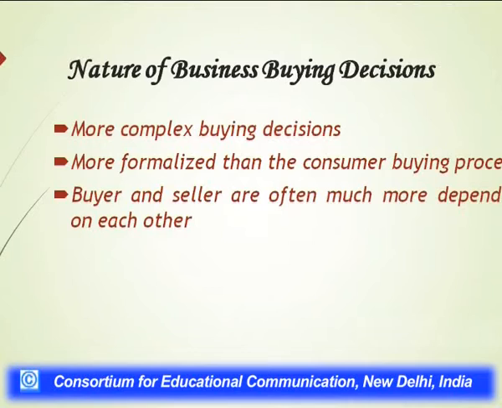Students, let us try to understand what could be the by and large nature of the business buying decisions. As we have understood from the preceding discussion, the business buying decisions are generally more complex in nature as against the consumer buying decisions, which may range from being complex to dissonance reducing to variety seeking to habitual buying behavior.